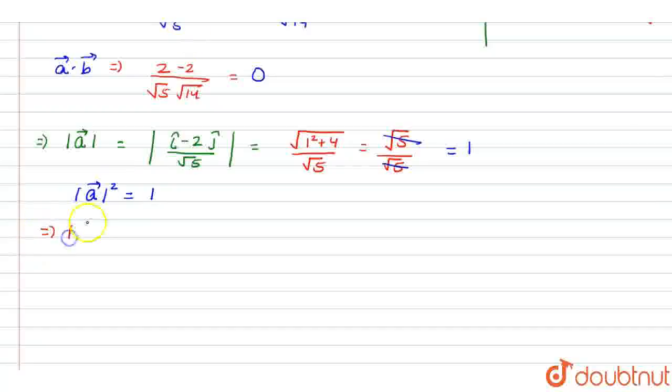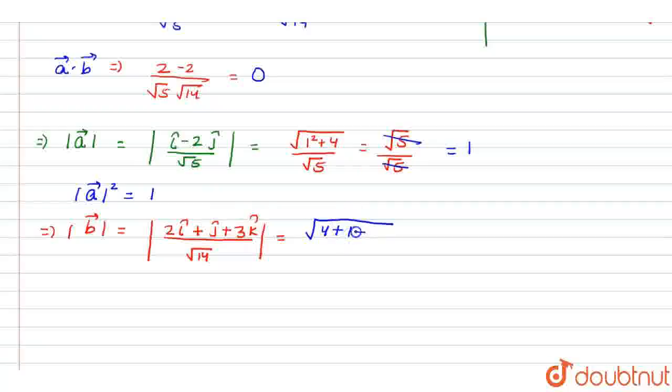Now we have to find the magnitude of b vector. The value of b vector is 2i cap plus j cap plus 3k cap divided by under root 14. Solving this magnitude, we get under root 2 square means 4 plus 1 square means 1 plus 3 square means 9, and in the denominator under root 14.